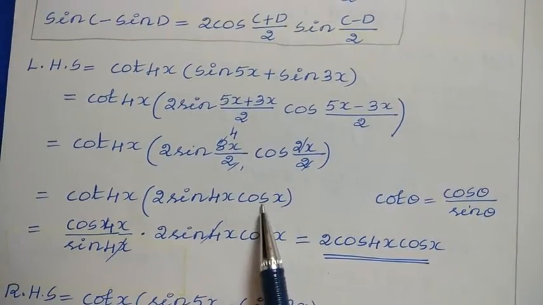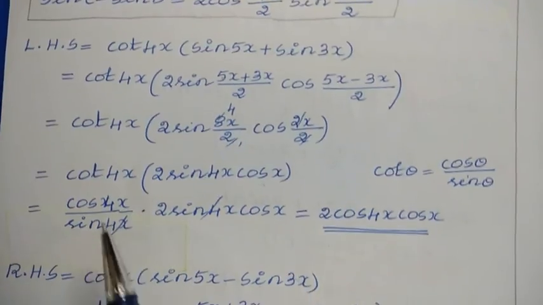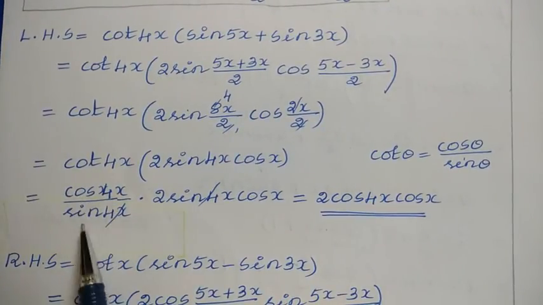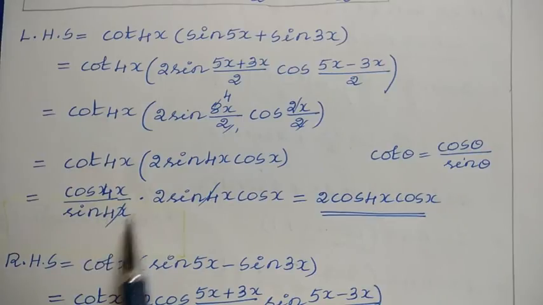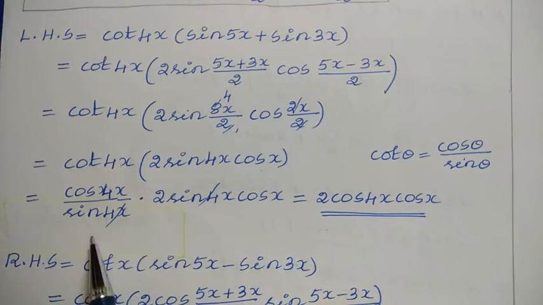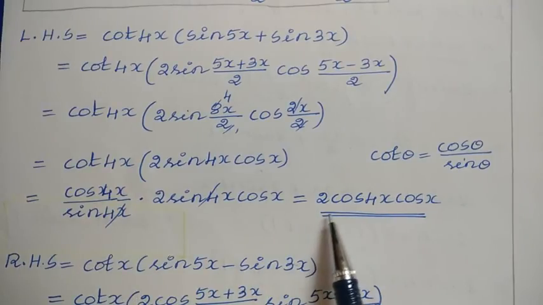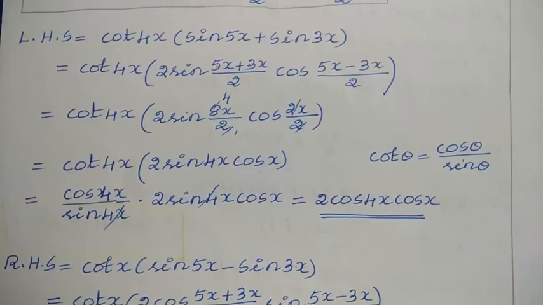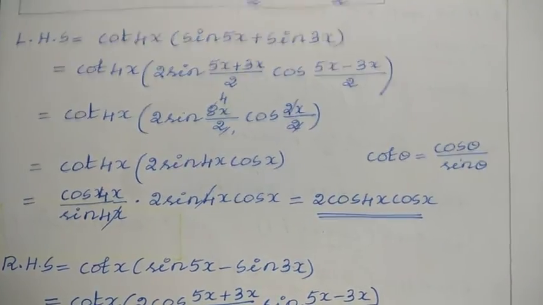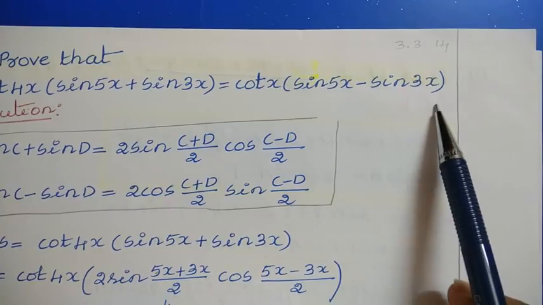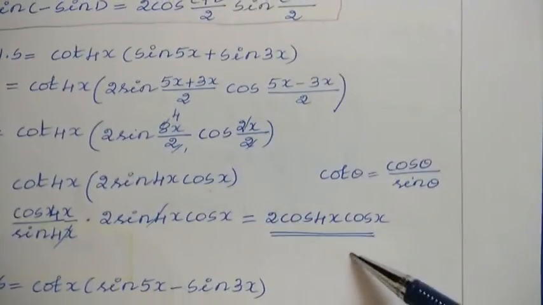Now this cot 4x you can write as cos 4x divided by sin 4x, into 2 sin 4x and cos x. So this sin 4x gets cancelled. So that means here we get the value 2 cos 4x into cos x. But our right hand side value is different. On the right hand side we have cot x into (sin 5x minus sin 3x), but this is not matching with that.